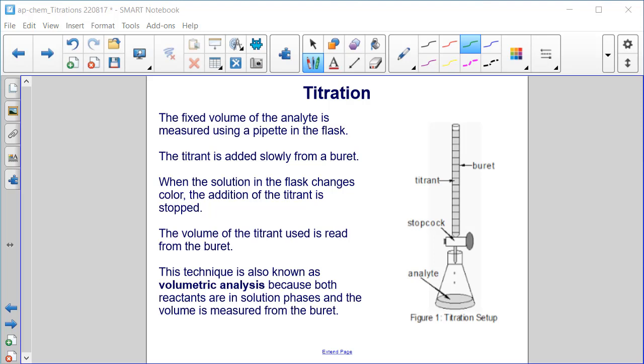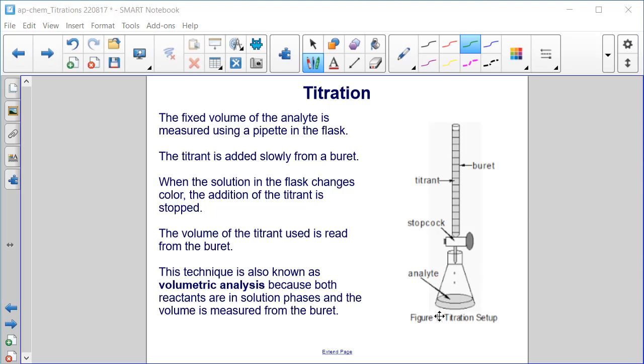The fixed volume of the analyte is measured using a pipette in the flask. So we have a fixed volume of our analyte in this flask that we've measured. The titrant is slowly added from this instrument called a burette.